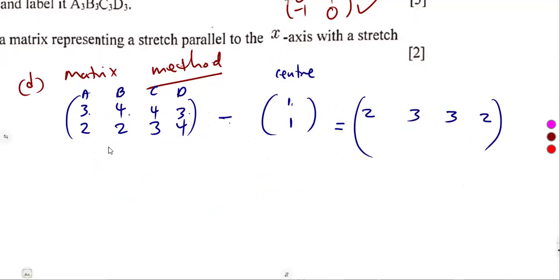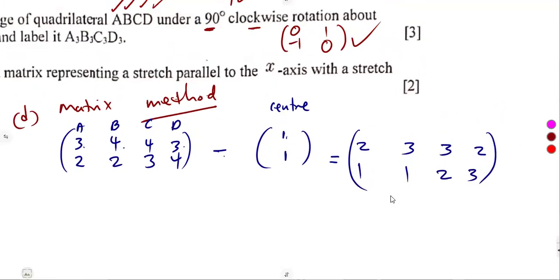All right. So you do the same thing. 2 minus 1, which is 1. 2 minus 1, which is 1. 3 minus 1, which is 2. 4 minus 1, which is what? 3. So after subtracting the center, now the matrix can be used because these coordinates are now at 0, 0.